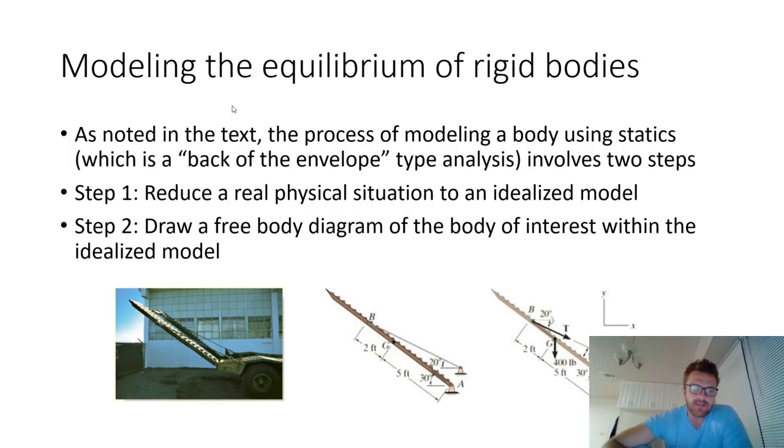The book spends quite a bit of time going over the workflow of general static modeling. The one thing I want to make sure you're all aware of, and I'm sure you are, is this really is a back-of-the-envelope type quick analysis. It might not feel quick when we have those pages of math going on, but it's not an overly rigorous analysis process.